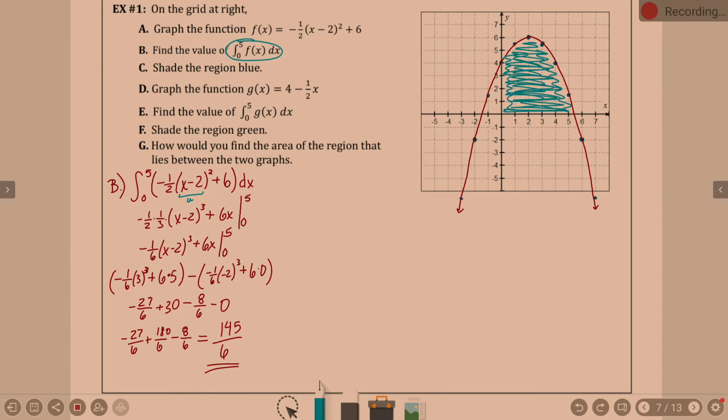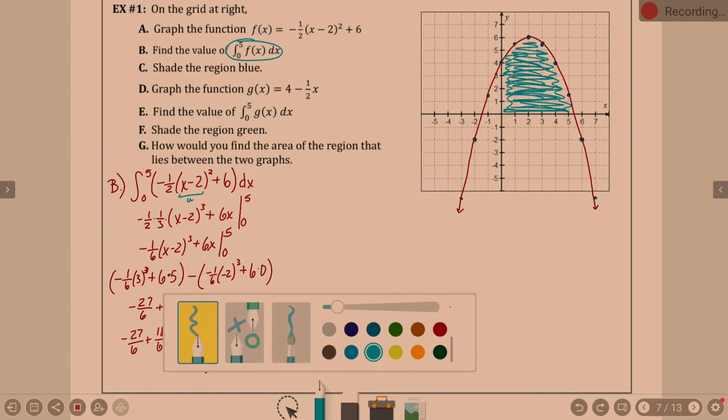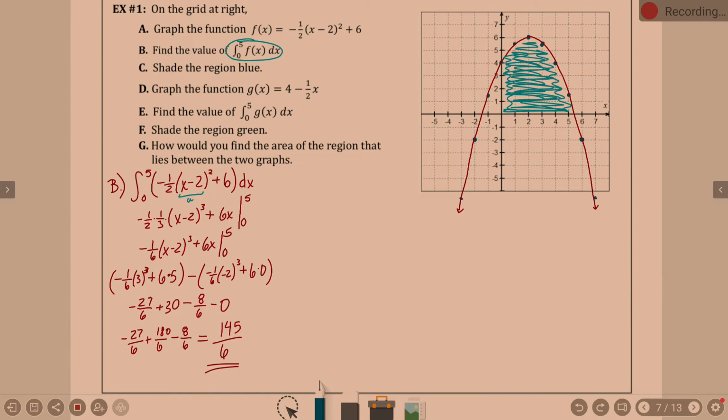That was C. D. We get a new function to graph. g of x equals 4 minus one half x. What is that? A line with a y-intercept at 4 and a slope of negative 1/2.